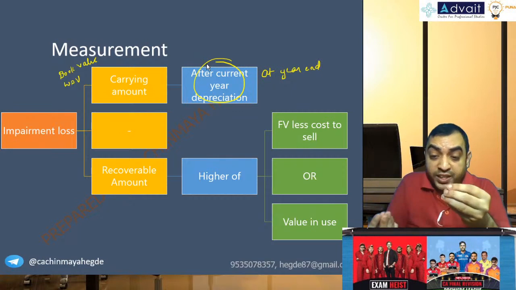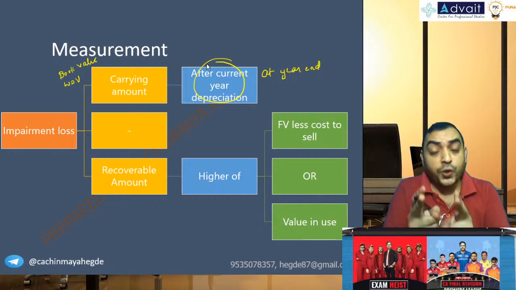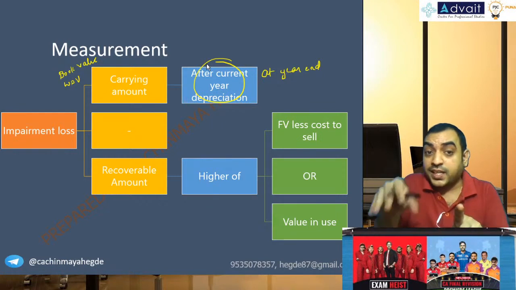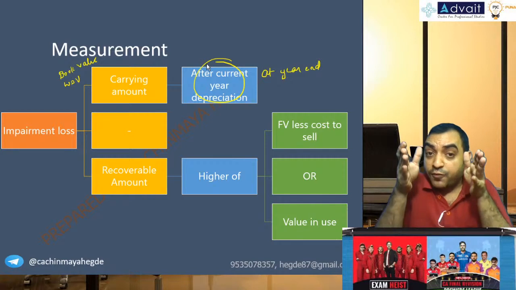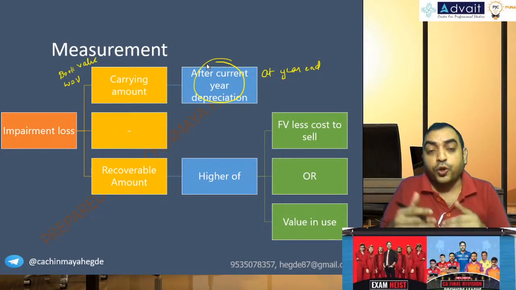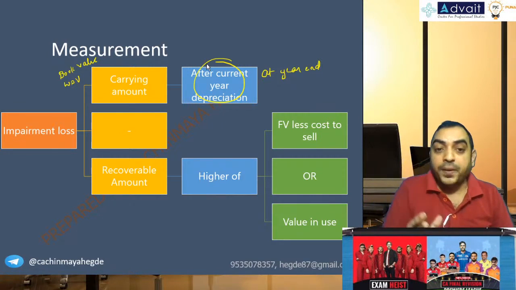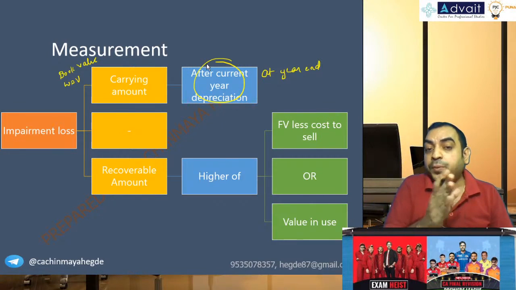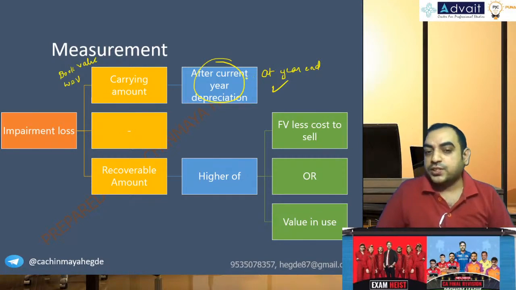The impairment loss will include an element of depreciation also, which is not right. Even though it is an expense, reporting of depreciation is in the normal course of business. Reporting of impairment loss means that something happened in the business. So the user should be aware of the differences. Therefore, to give a correct picture, impairment should be separated from depreciation. So it should be after current year depreciation.